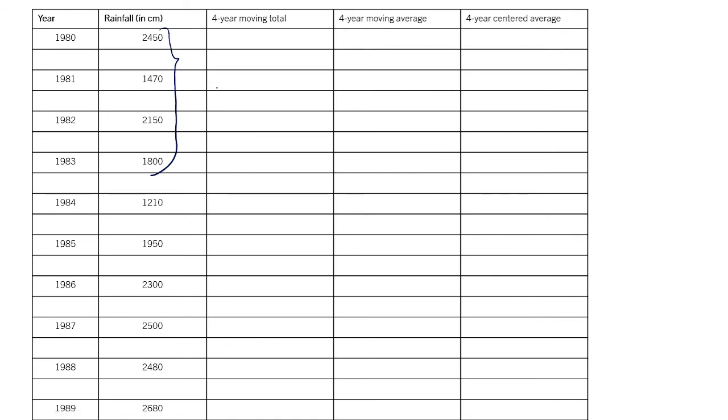So here the 4-year moving total will be 2450 plus 1470 plus 2150 plus 1800. So when we add all these, we get 7870. And now the 4-year moving average will be the average of these 4. So it will be 7870 divided by 4. This is equal to 1967.5.